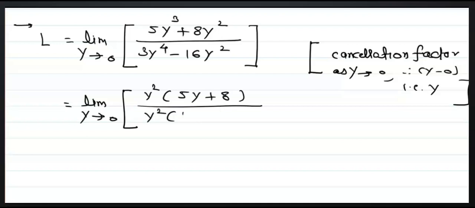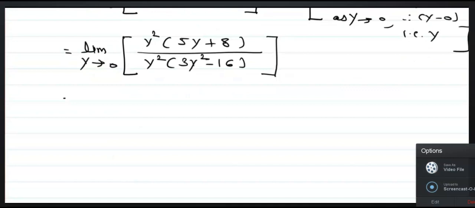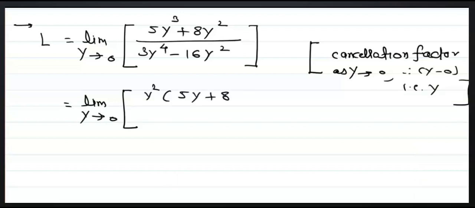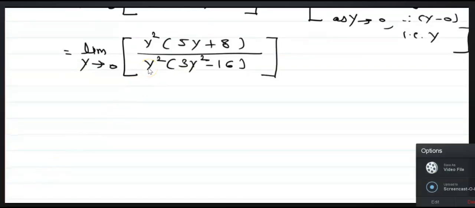From the numerator we have taken the constant term, as you can see here. That is, y square is common from both of the terms, and in brackets you will get 5y plus 8, and 3y square minus 16 in the denominator.